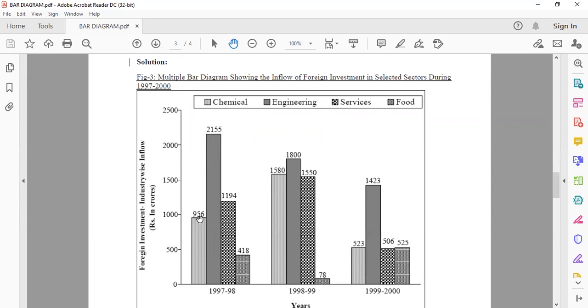Again, I use a rough sketch: 956 is here, and then the corresponding 2155 data, that is for engineering. For this year, then service is this, food is this, then given a gap before the next value, and again there is a multiple. This concept is called multiple bar diagram. For each year there is a multiple bar and they are combined. Sometimes it's called combined bar diagram. Okay.